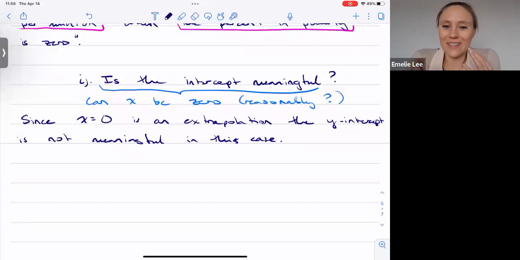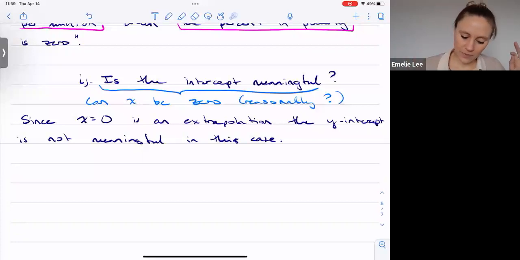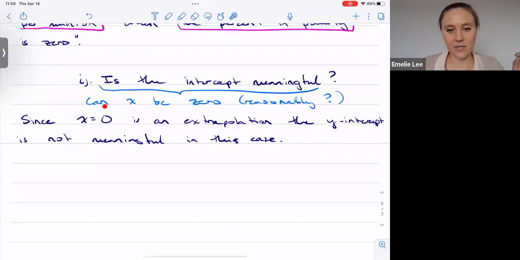And so then the intercept is meaningful. It's just a benchmark of, when the temperature is 0, we predict this to happen in Y. Your argument has to be centered around X being 0. Can it be 0 or can it not be 0?